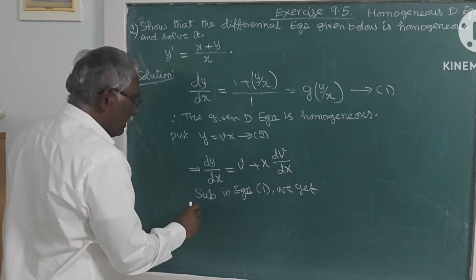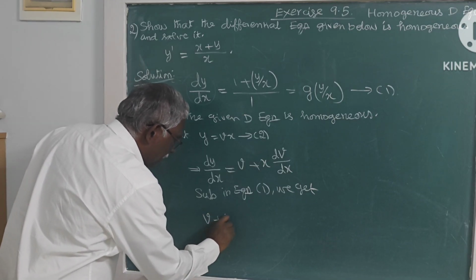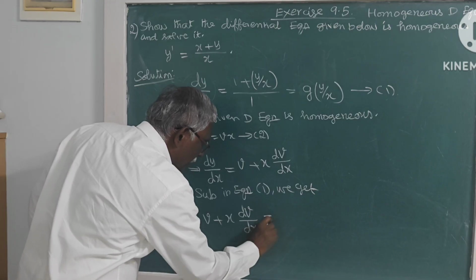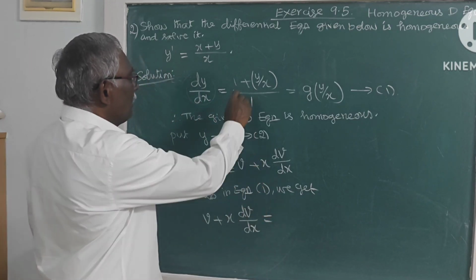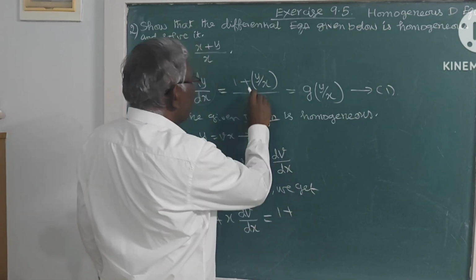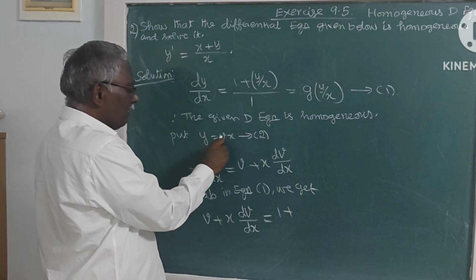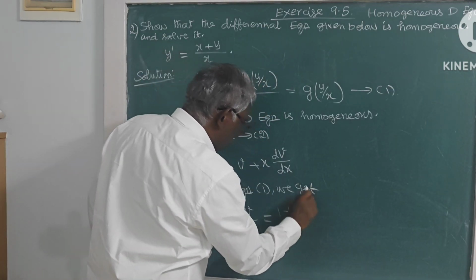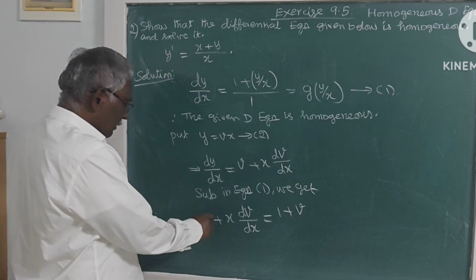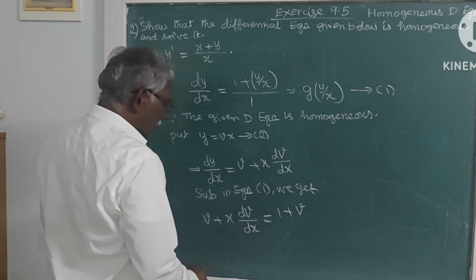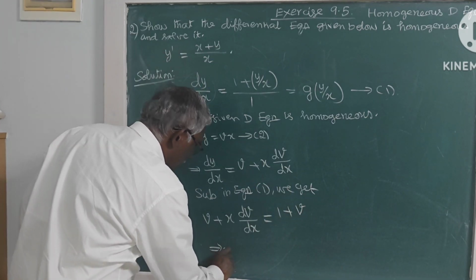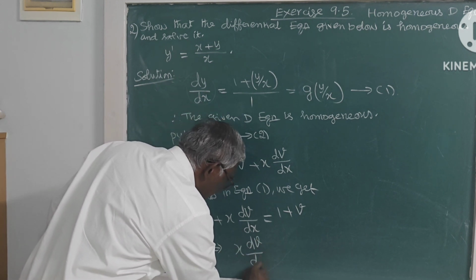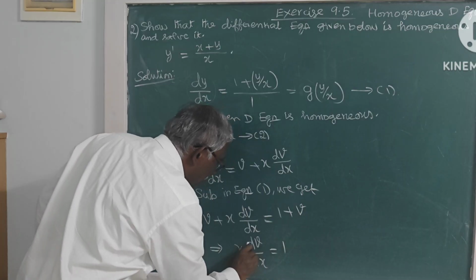So v plus x into dv by dx is equal to 1 plus, y is vx, y by x is v, 1 plus v. Now this v and this v get cancelled and we get x into dv by dx is equal to 1.